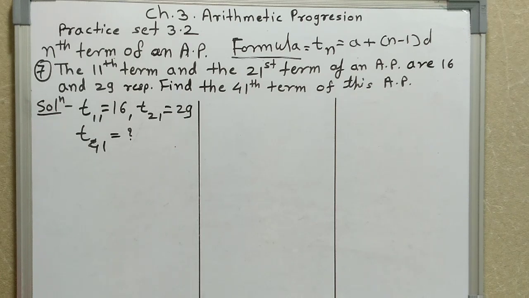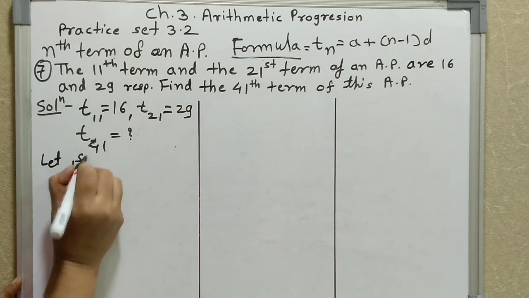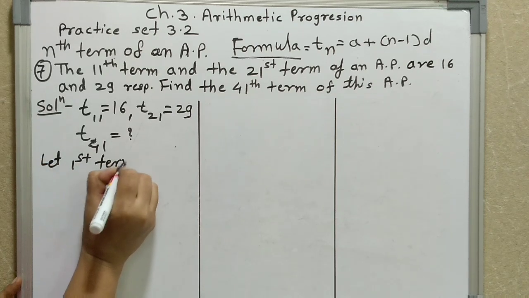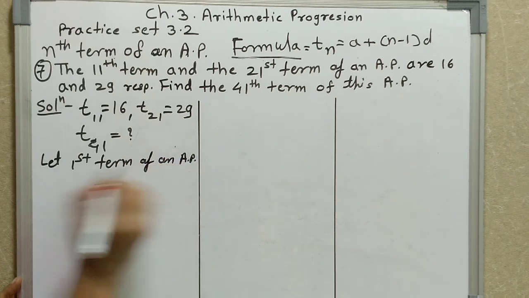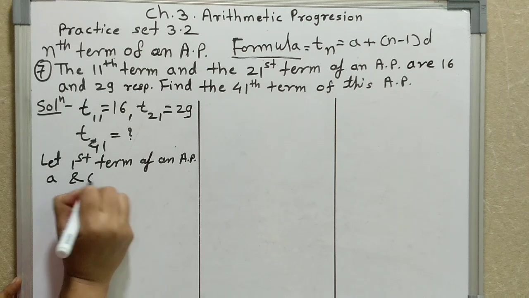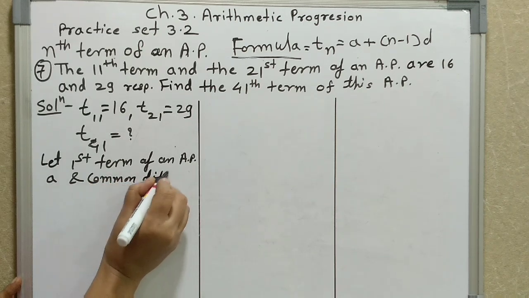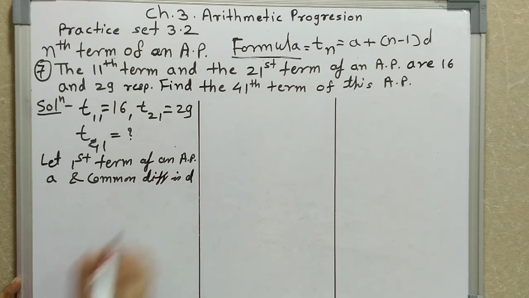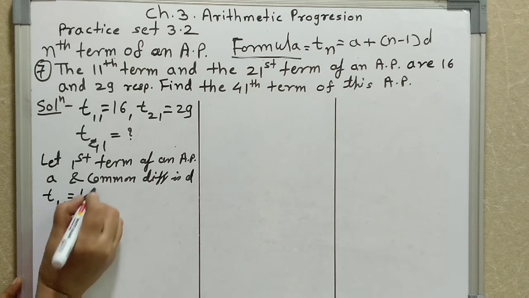Let me start the example. Let the first term of an AP be A and the common difference be D. So first we start with T11 is equal to 16.